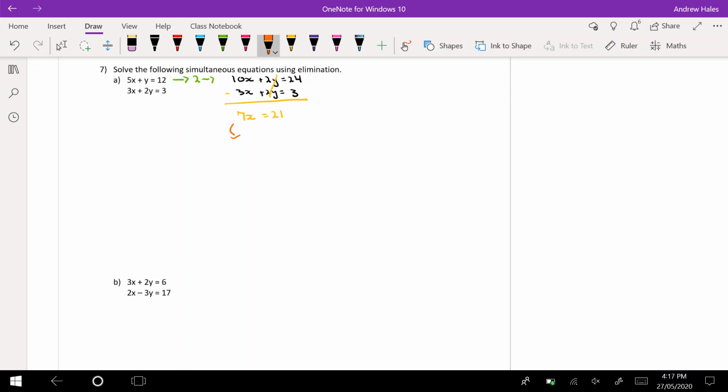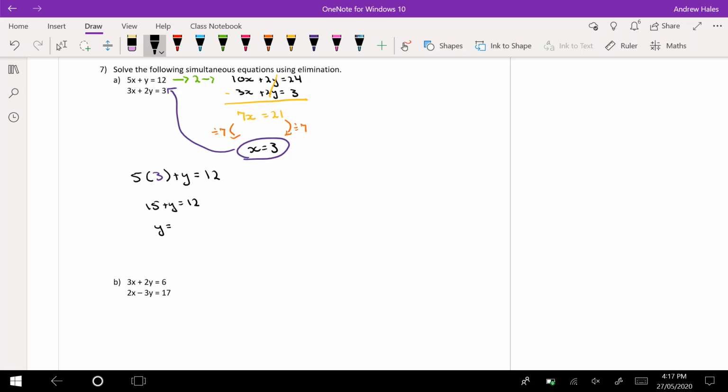So then I just divide both sides by 7, so that x equals 3. Again, once I find one solution, I put it into there, and that's how I figure out my other solution. So 5, x is equal to 3, so it's 5 times 3 plus y equals 12. 5 times 3 is 15.